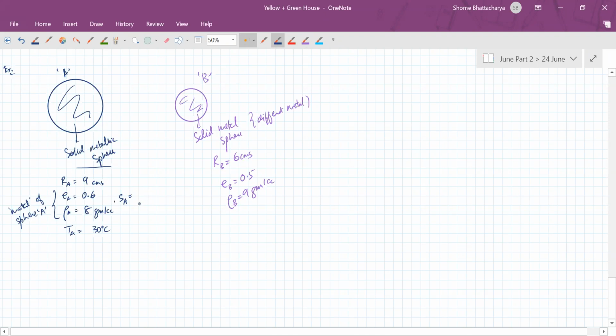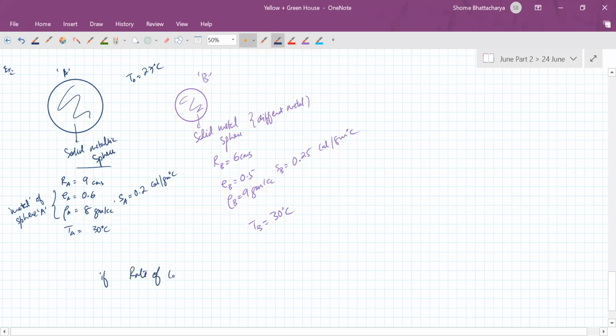The specific heat capacity of this metal, let us say, is 0.2 calories per gram degree C, and the specific heat capacity of this metal is 0.25 calories per gram degree C. Now this one's surface temperature is also maintained at the same value, 30 degrees C, and the surrounding temperature is 27 degrees.